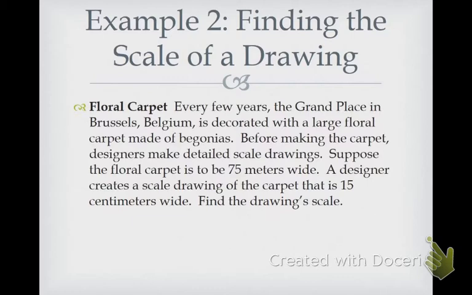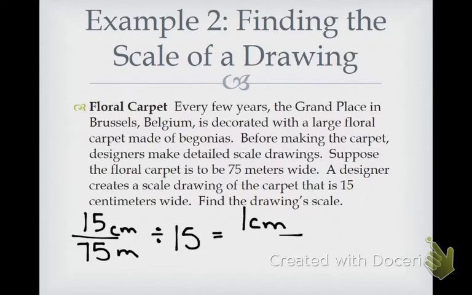It has to be 1 in order to be written as a scale, yes. So 15 centimeters over 75 meters. I divide top and bottom by what number? 15, and I get 1 centimeter over 5 meters. Okay, very good. That's it for example 2.